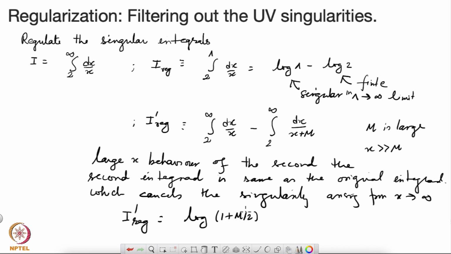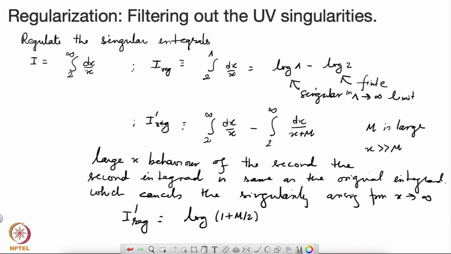Now I should take m to infinity. Why? Because when I take m to infinity, this integral vanishes, right? Because it's 1 over infinity, which is 0. So this integral just drops out, and you are left with only the original integral which we wanted to determine.